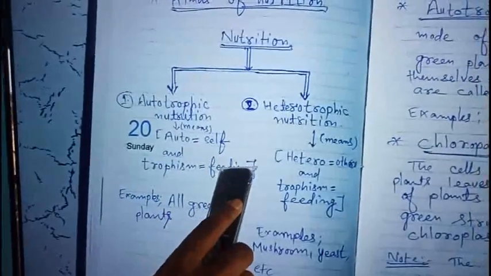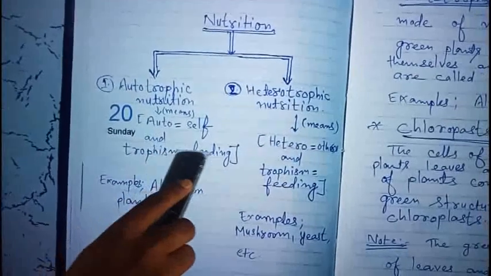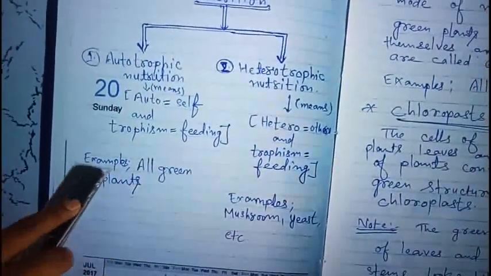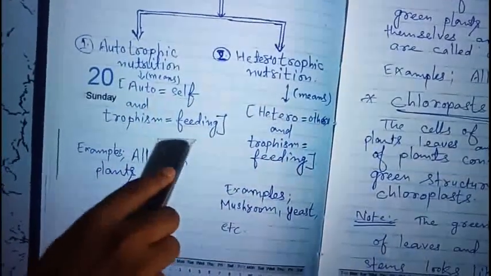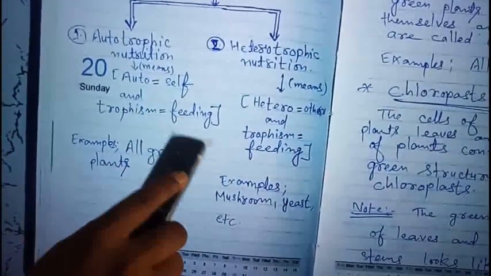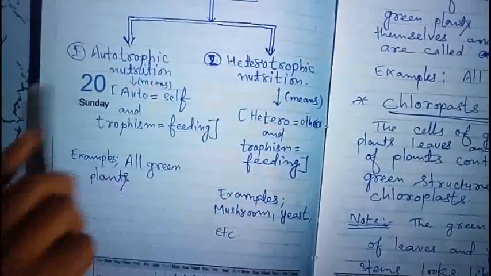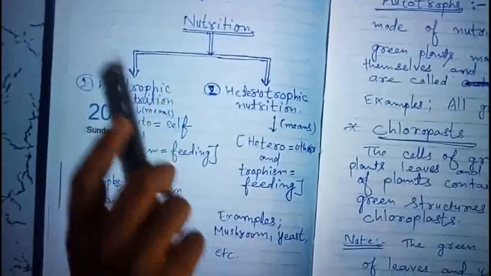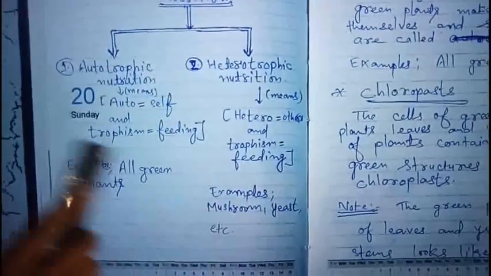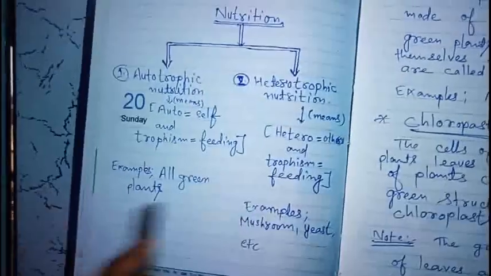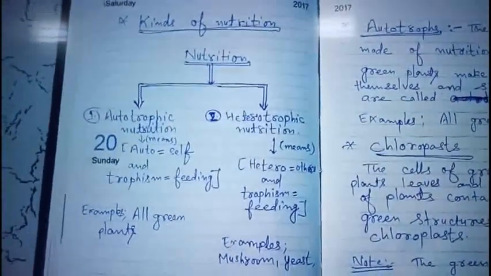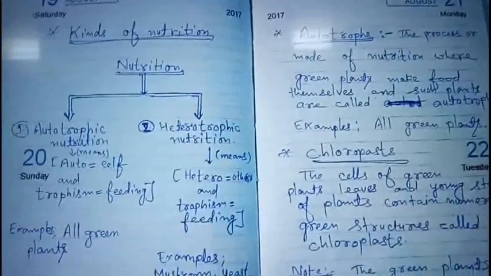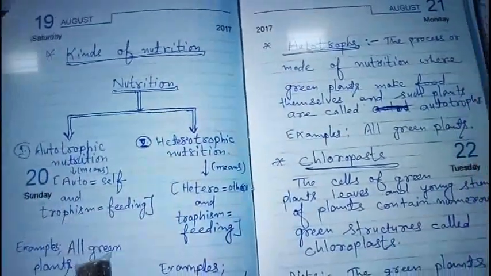Auto means self and trophism means feeding. Those plants that make their own food, and depend on no one, are called autotrophic, and they supply their food by themselves. For example, all green plants lie in autotrophic nutrition.